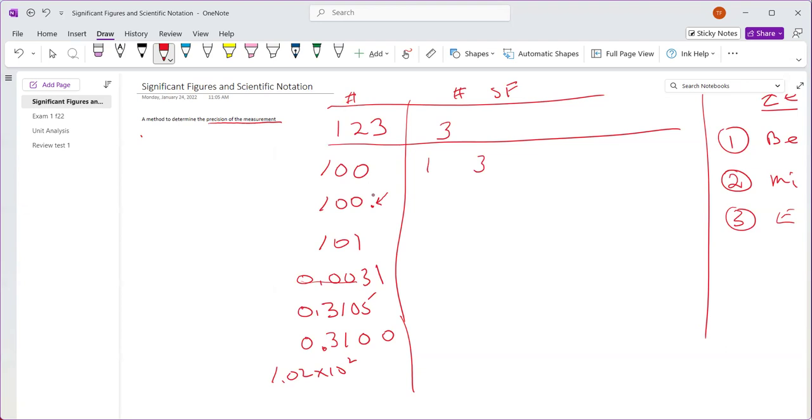Yeah, so hold that thought. The difference between these 2 numbers is one's got a decimal point, one has no decimal point. So how many sig figs does 100 point have? Unknown, because we don't know what's after the decimal point.